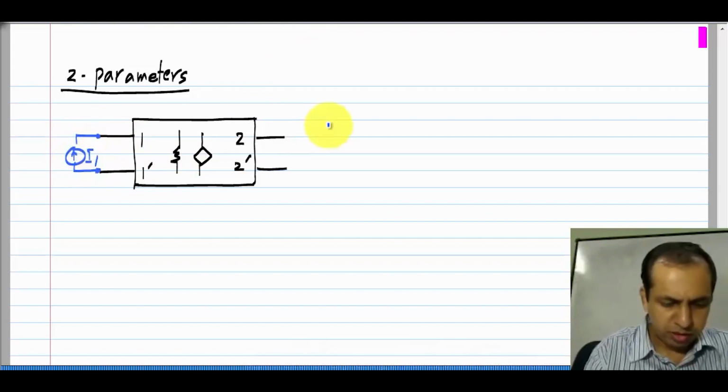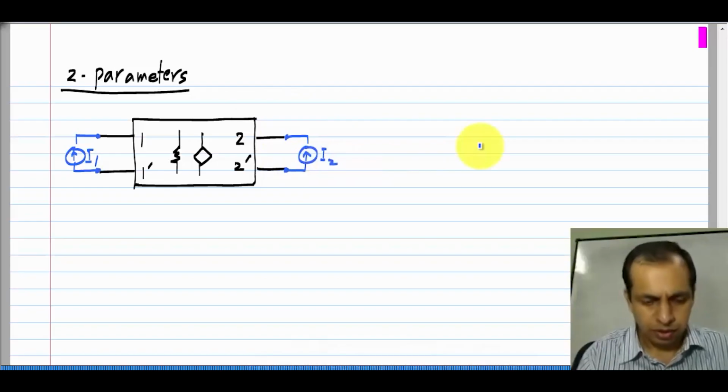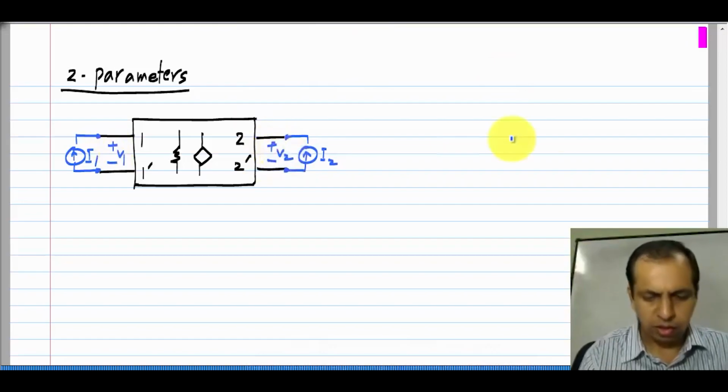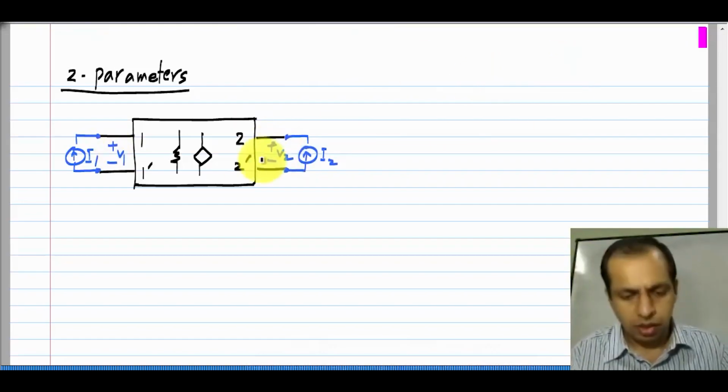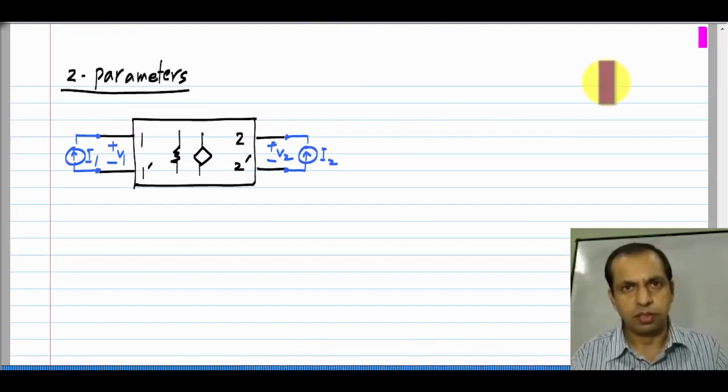You apply I1 and I2, and you measure V1 and V2, and of course, V1 and V2 will be a linear combination of the two independent sources which are in the circuit.